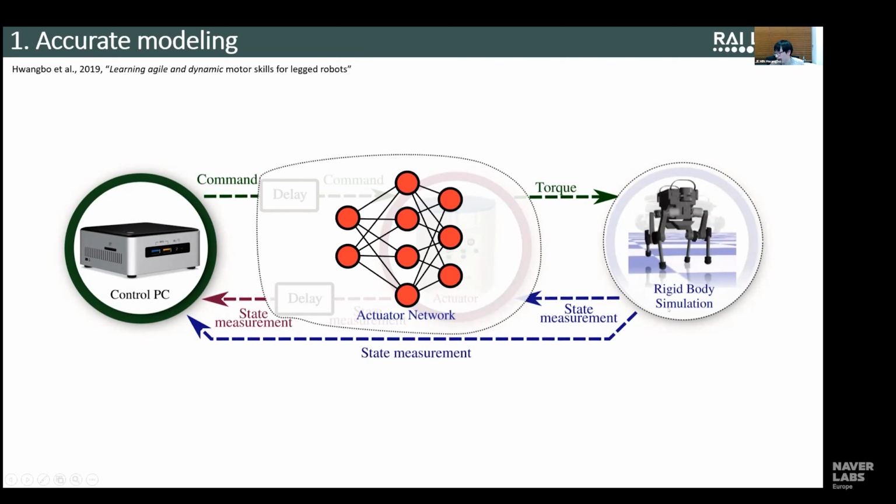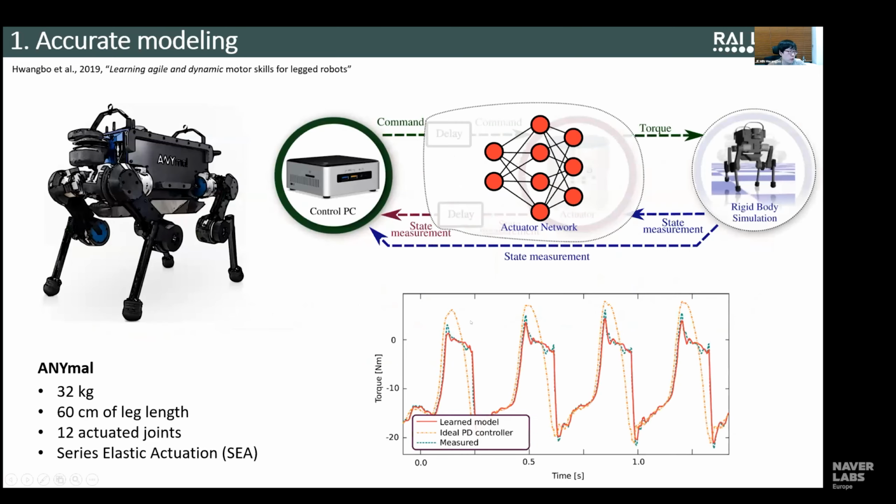So we know that Newtonian mechanics is correct, and we still keep it in the model. Using this model, we could actually model the actuator much more accurately. This red one is a learned model from the actuator network. This prediction is very close to the measured one, right? So this shows the performance of the learned actuator model.